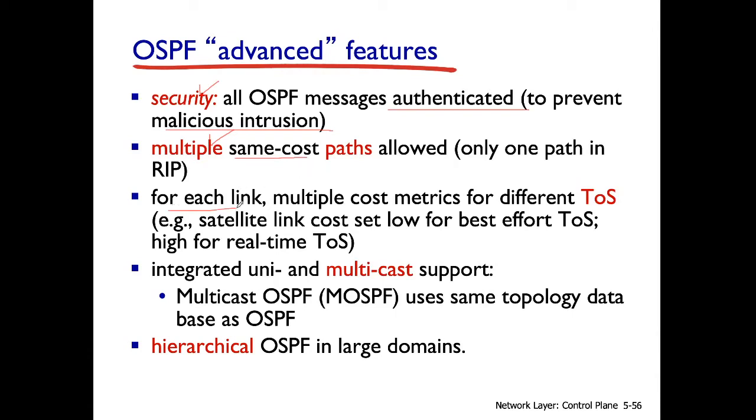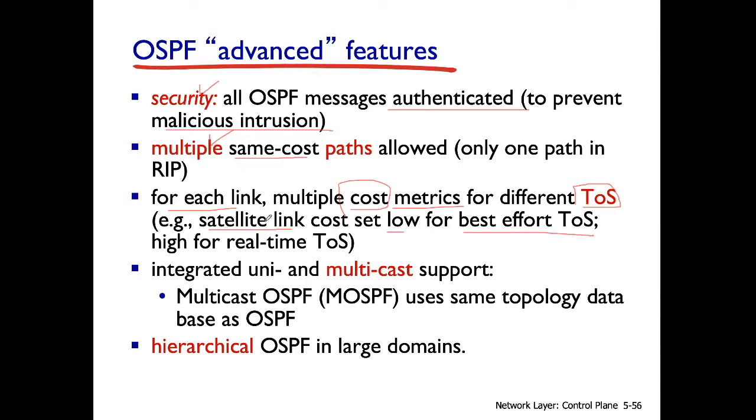For each link, the metric for the link cost can also be defined differently for different types of services. For example, if we are trying to serve best effort traffic, meaning traffic that does not require timely delivery, so the receiver can wait longer, then the cost of a satellite link, which has longer delay, can be set lower, right?